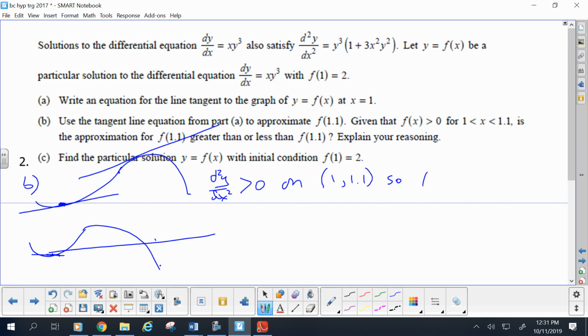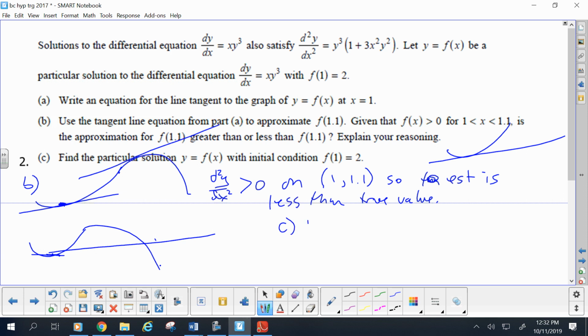So the estimate is, if it's concave up, is the tangent line going to over or underestimate? So the estimate is less than the true value. You follow me? Okay, and then part C.